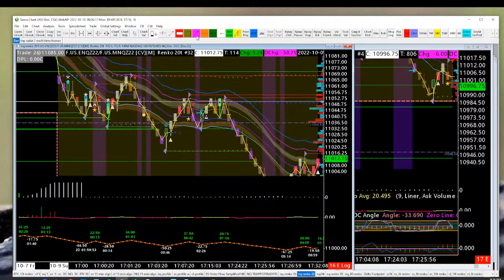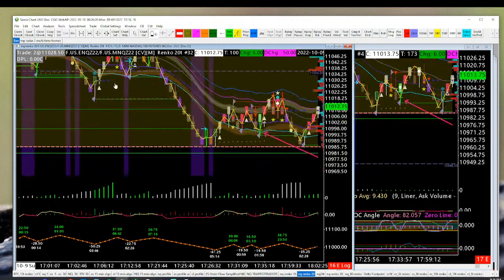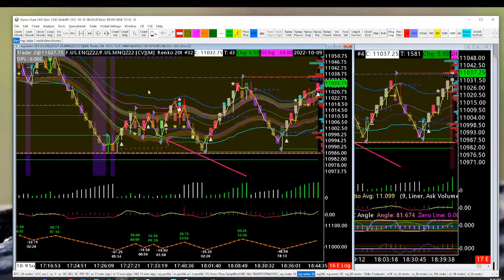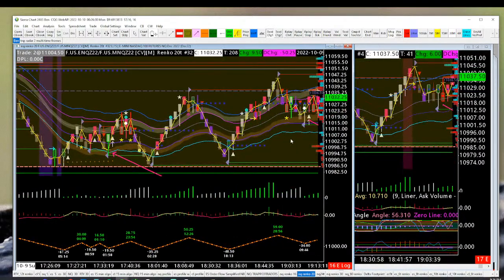And then I've also recently added these little arrows that go sideways, the blue ones, and there's yellow ones on the other side. We should see them here, right there at the lows. See that? So I've added those two, not as a replacement for anything, but just as another idea.